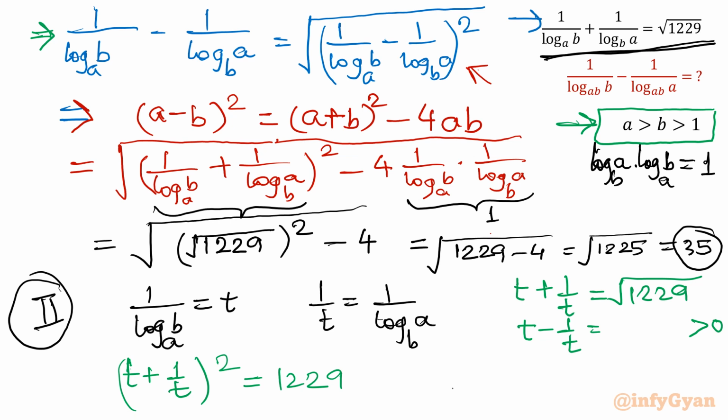Let me take a square, so I will get t square plus 1 over t square plus 2. A square plus b square plus 2ab, so that is plus 2. You take it towards the right, it will give you 1227. Now this value we have to find out, t minus 1 over t.